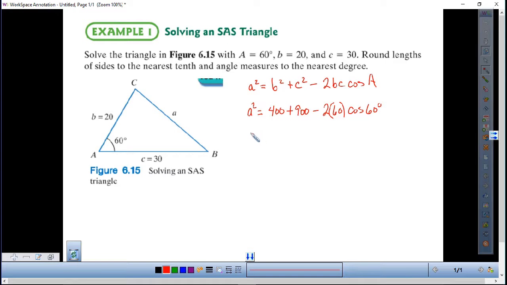And when I calculate all that, A squared is going to be equal to 1,240. Now, keep in mind that that is A squared, that is not A.